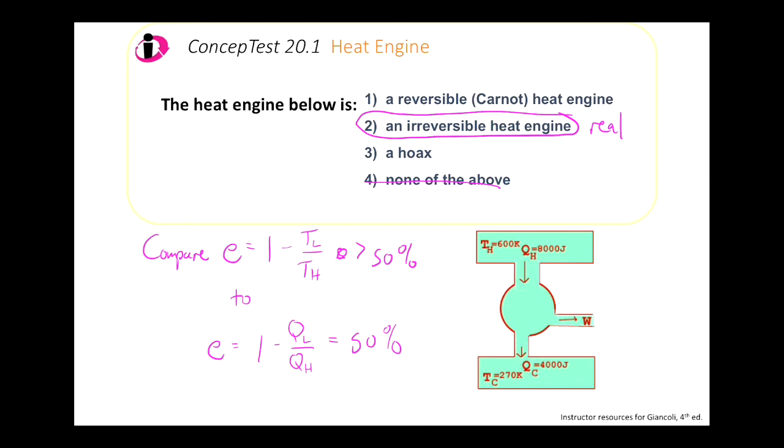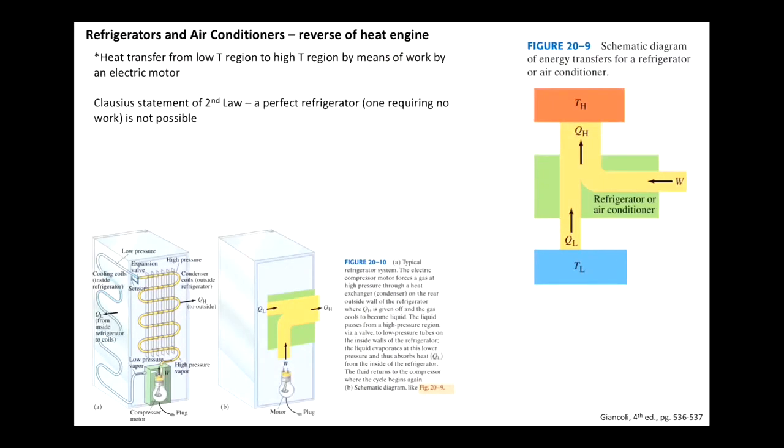So just compare the two efficiencies, and you can see whether it's something that could possibly happen. All right? Before we leave the idea of heat engines, we should say that you can flip heat engines in reverse and get them to work for you in a different way. So maybe it turns out that I don't really want to take the natural flow of heat and get it to do some work, but rather, I have some work available. Like maybe I want to put something in and make the heat go where I want it to go.